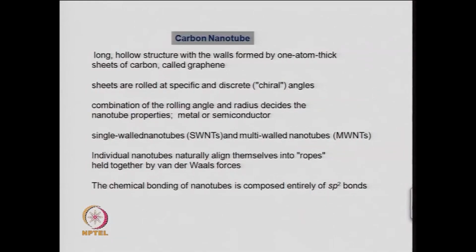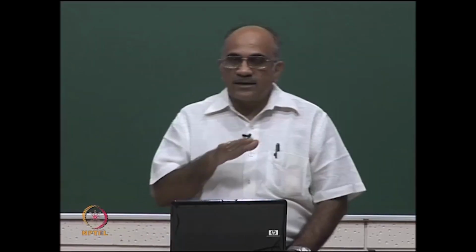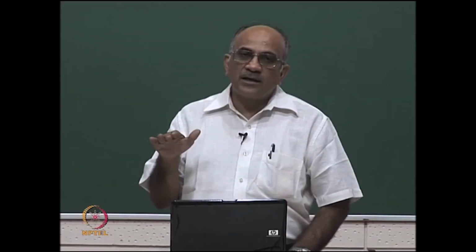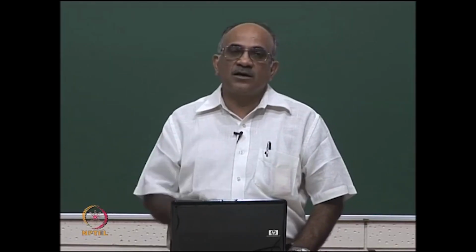Now, these carbon nanotubes are made of a 1 atom thick sheet of carbon. If you take graphite, which has layers of hexagonally oriented carbon, so you have rings of carbon, and if you have one layer of carbon only, then it is called graphene.